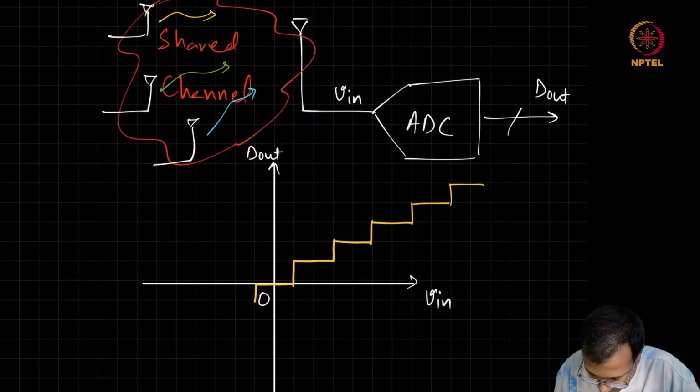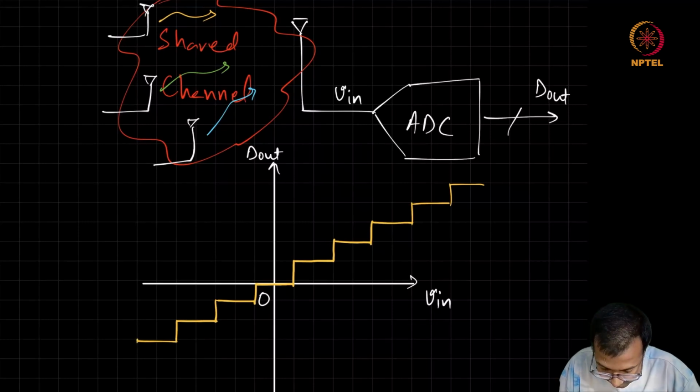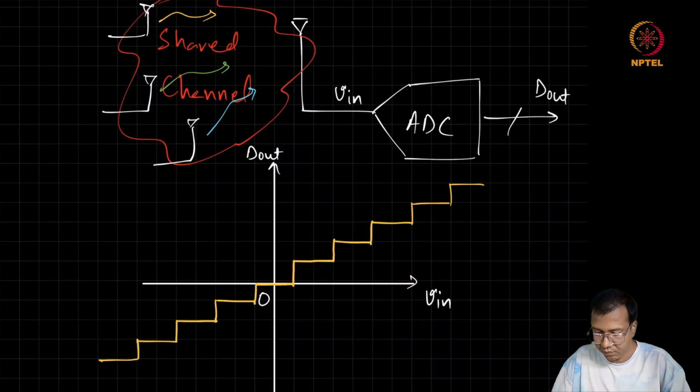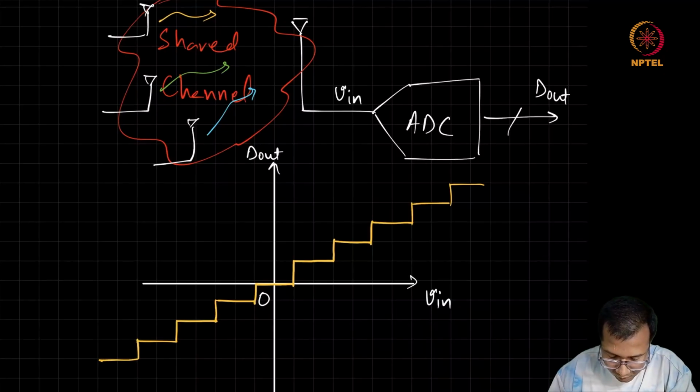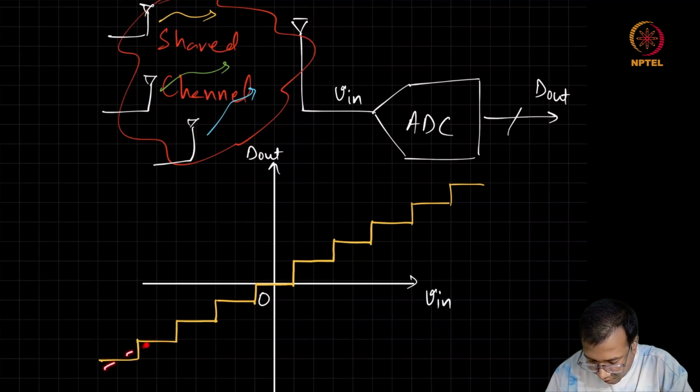Similarly, if the voltage reduces below a value, it will be assigned a corresponding digital code. So here we can see that as the input voltage increases, the corresponding digital code also increases.